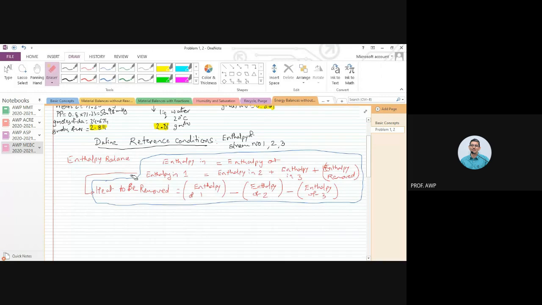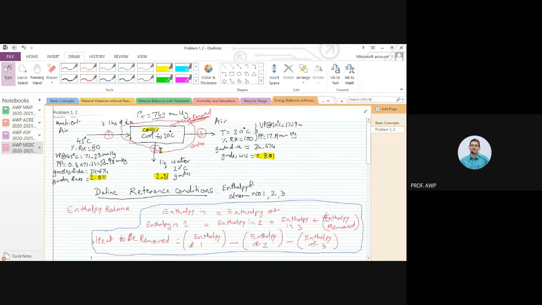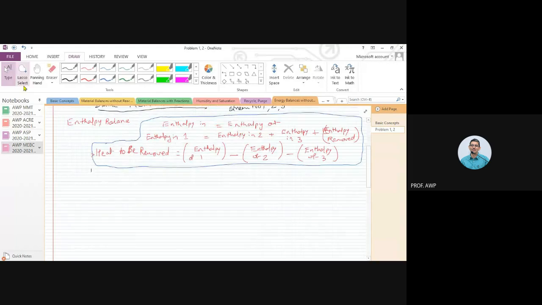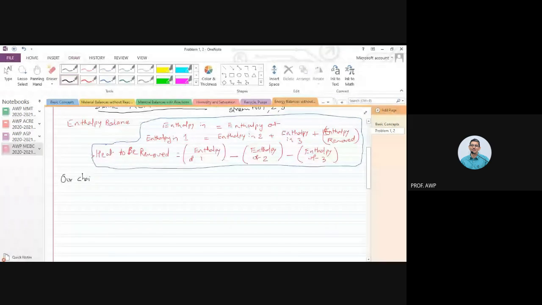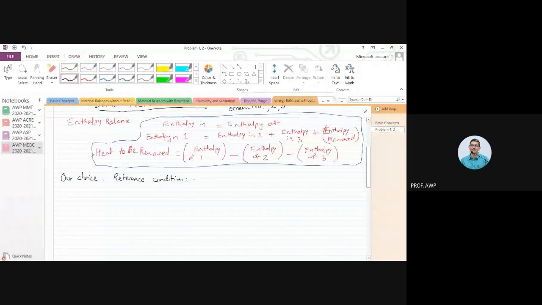So now all I have to do is define a reference condition, and with respect to that reference condition, I will just find the enthalpy of stream number 1, stream number 2, and stream number 3. I can take any reference condition I want. This is our choice. I will say the reference that I want is, let's say, 20 degrees centigrade.